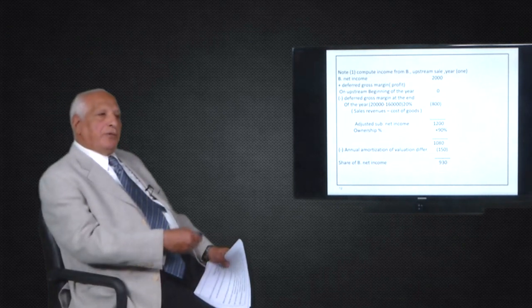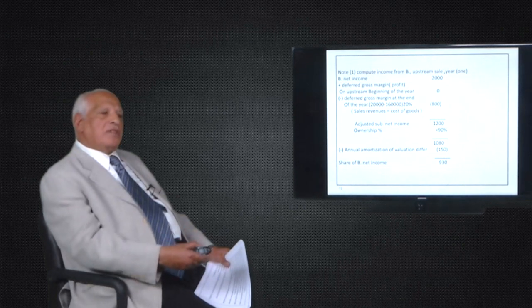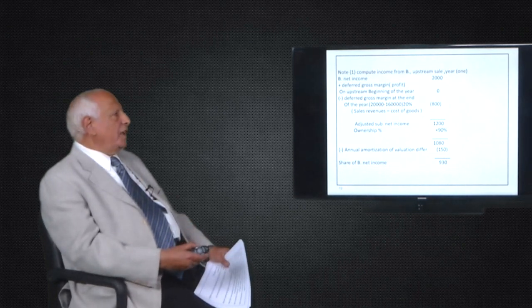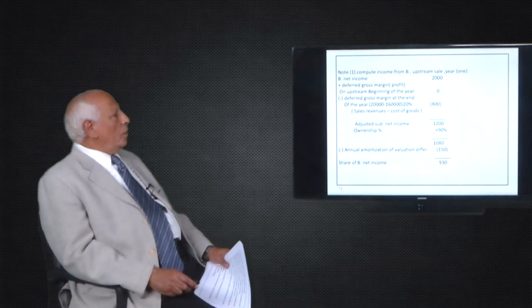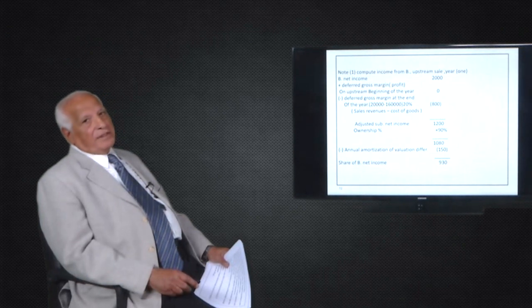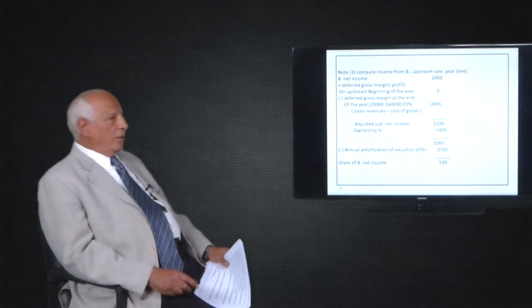We didn't have anything before 2001. That's the first year, so usually I make it 0. What about deferred gross margin at the end of the year? I can get it. How? Sales revenues 20,000 minus cost of goods sold 16,000 gives you 4,000, multiplied by 20% or 1/5. It gives you 800. Okay?